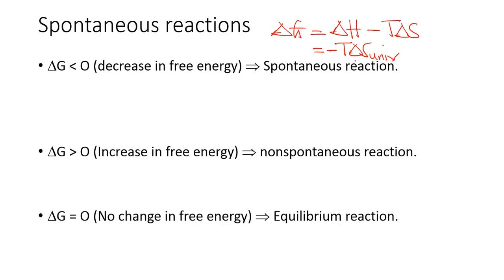So if this part is greater than 0, it means the whole of this is going to be negative. If the delta S of the universe is greater than 0, the whole of this is going to be negative. So, for a spontaneous reaction, delta G is negative.